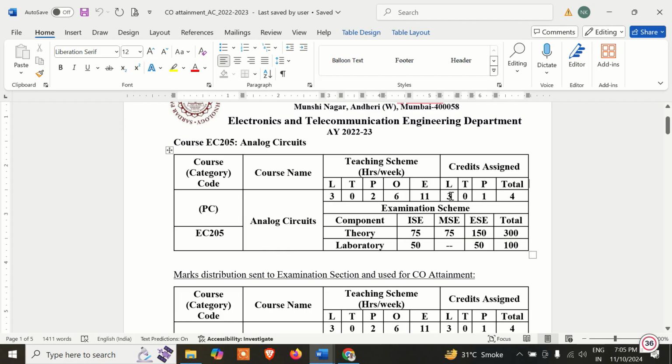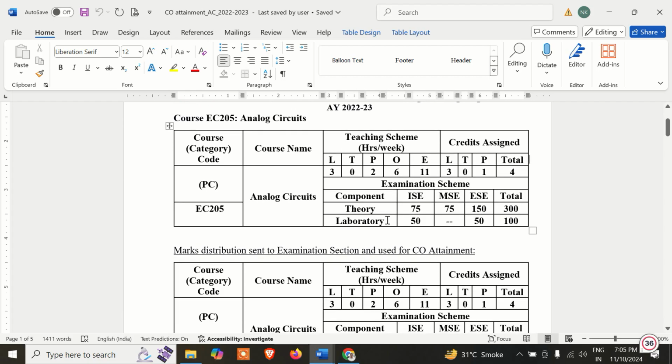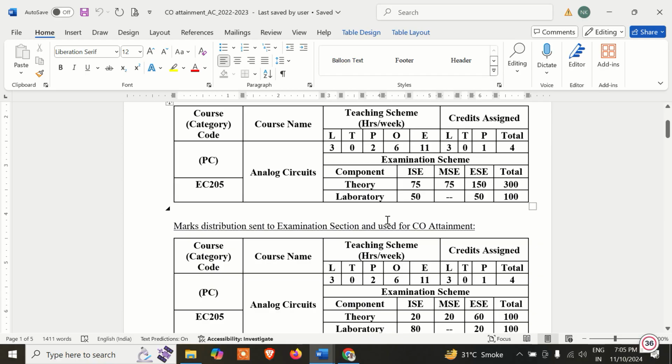If 3 credits are there, it means 14 into 3, you have to teach 42 hours. Similarly, for practical, if 1 credit is there, that means 2 hours per week of lab should take place for 14 weeks. So 3 plus 1, 4 credits for this subject.